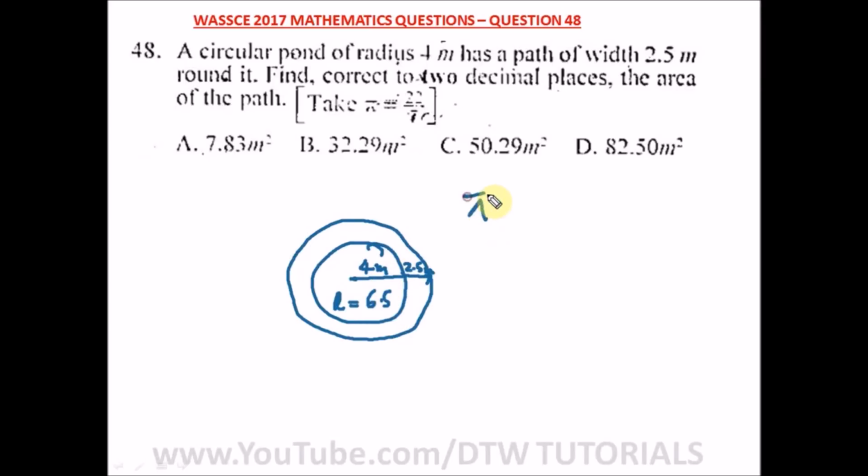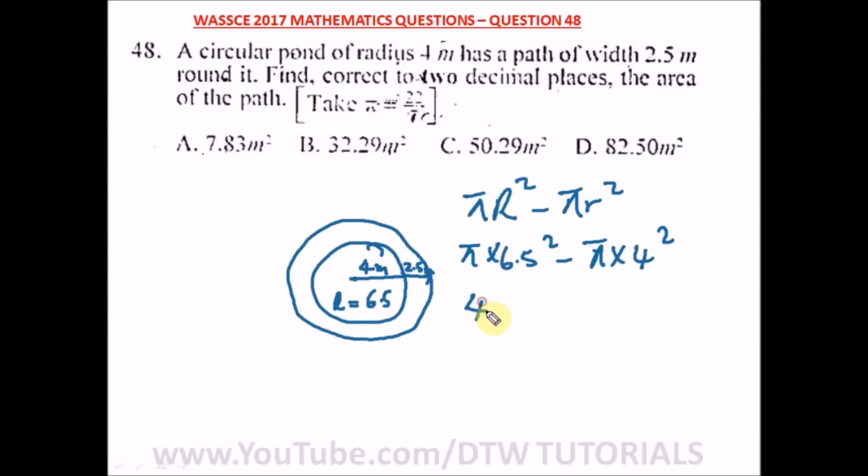So we have pi big R square minus pi small r square. So from here we have pi times 6.5 square minus pi times 4 square. 6.5 square, punching your calculator, you get 42.25 pi minus 16 pi.